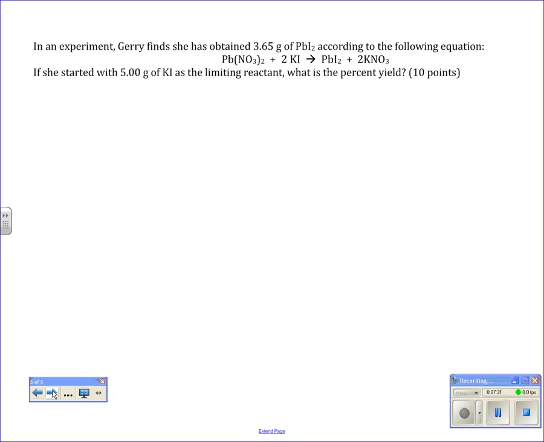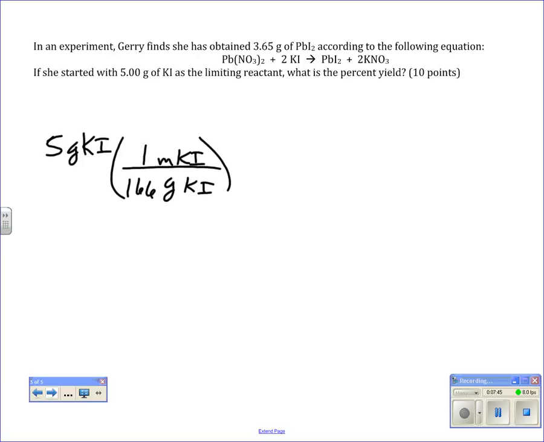The last problem, we had to figure out a percent yield. We start with 5 grams of KI that says it's limiting. Get rid of my grams of KI, go to moles of KI. 1 mole of that is 166 grams. Then I get rid of my moles of KI, go to my moles of PbI2, taking the 1:2 ratio.